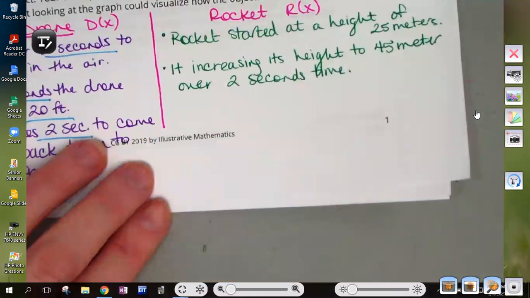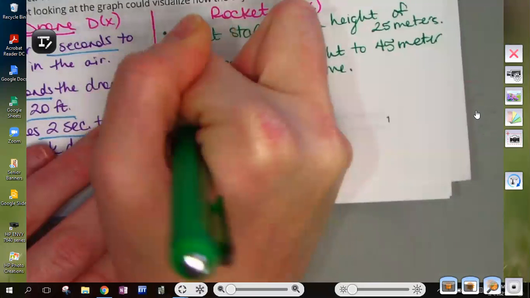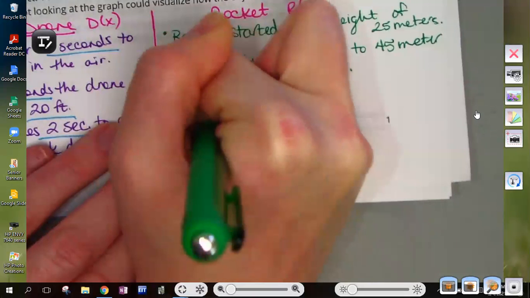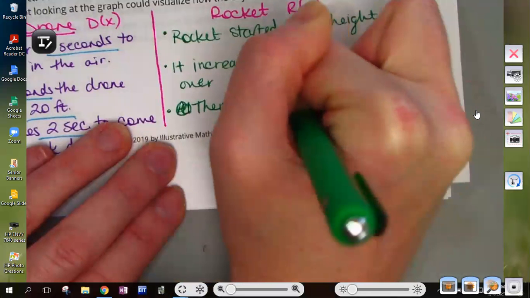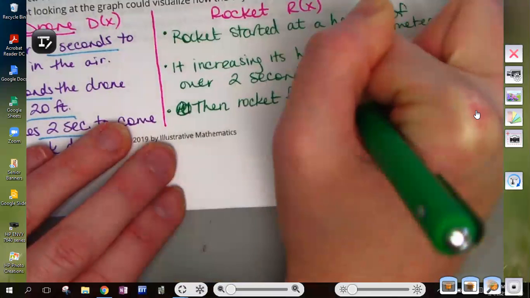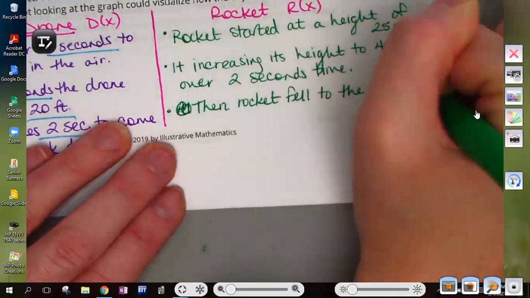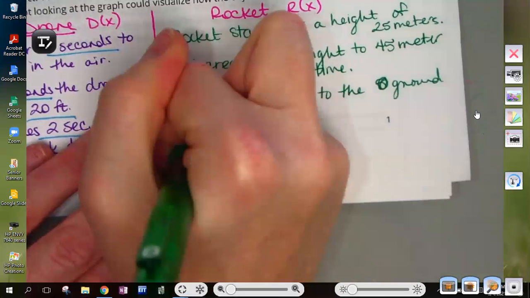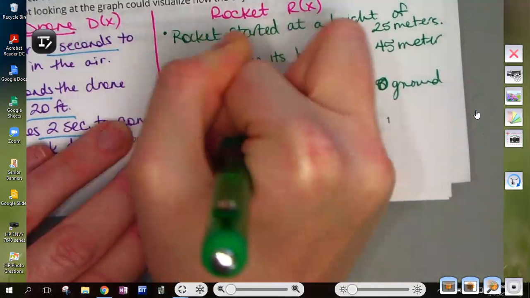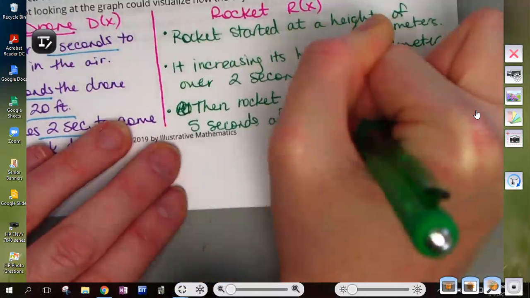So we'll just say then rocket fell to the ground 5 seconds after it was launched.